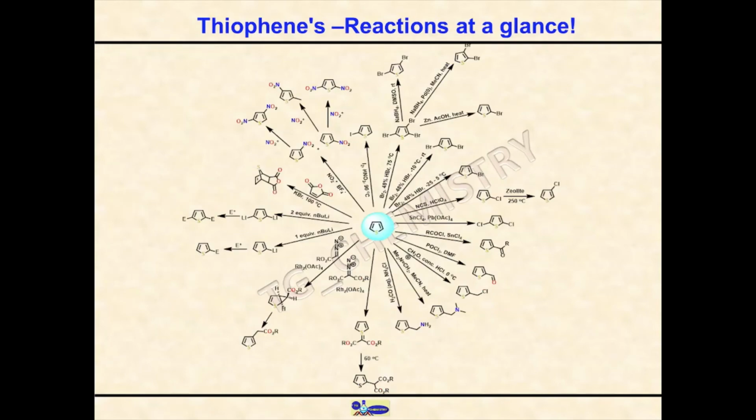This is the summarization of thiophene reactions at a glance. As you can see, a lot of reactions have been displayed over here. You can take your time when you see the video, you can pause it and have a look. That might help you in several exams or in answering multiple choice questions regarding thiophene and its products.